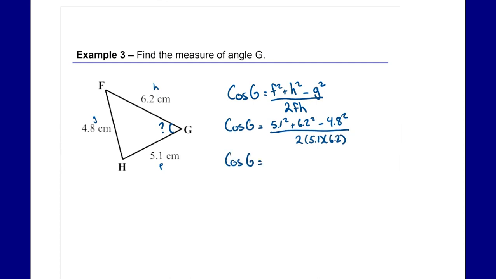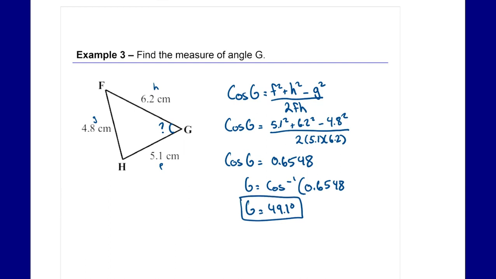Cosine G, this all becomes one calculation. Cosine G is 0.6548. And then I have to do the inverse. Inverse of cosine of 0.6548. And G is equal to 49.1 degrees. So therefore, angle G is 49.1 degrees.